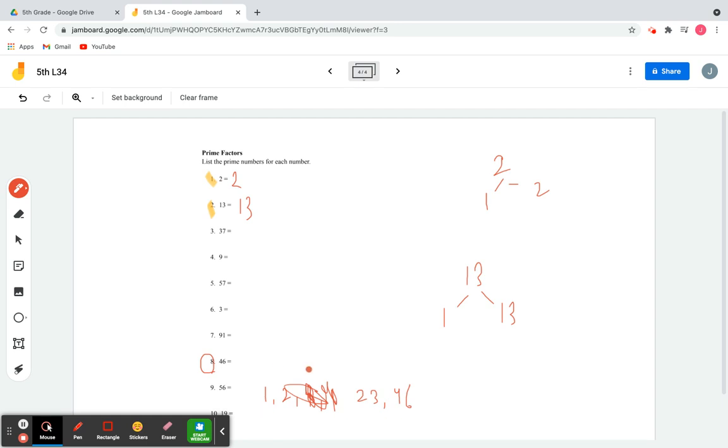So it has 4 factors, so it can't be a prime number. So when we write the answer, we are going to write that it is not a prime number. Okay? So this is going to be the answer. So number 1 is going to be 2, and then number 2 is going to be 13, and for number 8, the answer is going to be not a prime number.